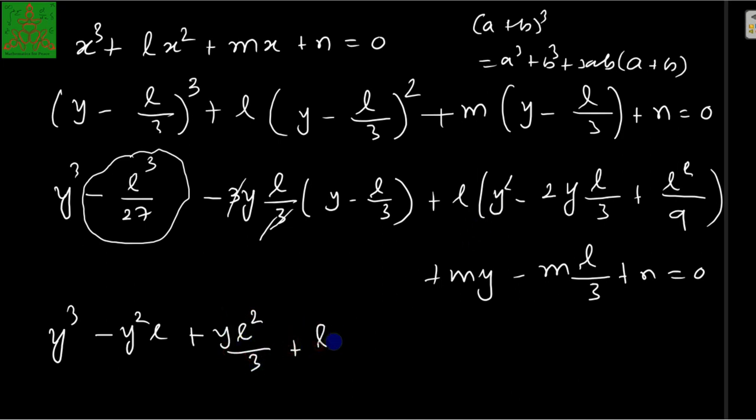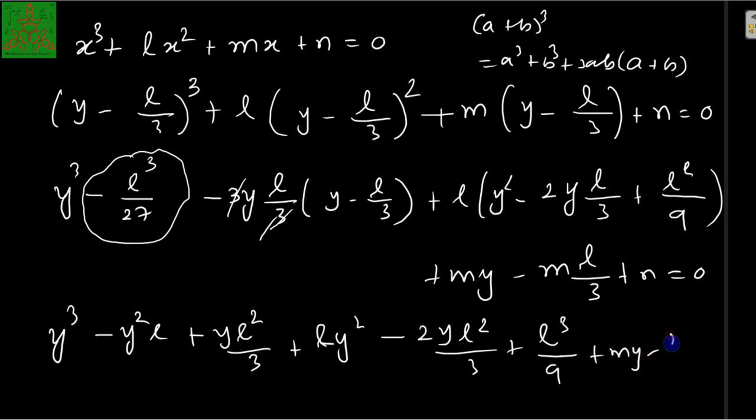When you multiply this l, it is l y square minus 2y l square by 3 plus l cube by 9 plus m y minus m l by 3 plus n, and the last term is minus l cube by 27 equal to 0. And then you can observe that the y square term is cancelled out. So the rest of the terms are left with y cube and then some coefficient of y plus a constant term. Whatever the coefficient of y is, I will denote it as p, and the constant term I will denote as q.